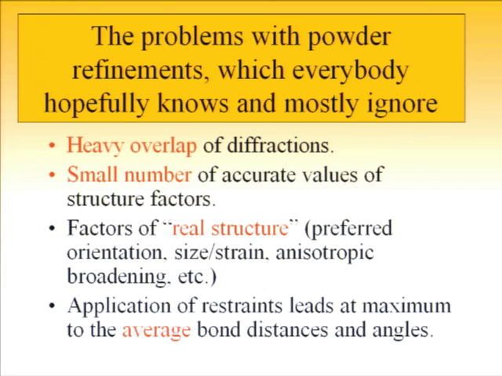Plus, already mentioned here, factors of real structure, preferred orientation, etc. And if someone supposes that application of restraints is of real help, I should stress that it leads at best to average bond distances and angles which could be more accurate than those without restraints. But if you are looking for finer differences in the distances or angles, don't be disappointed when applying your restraints.